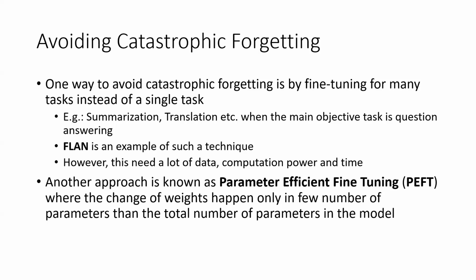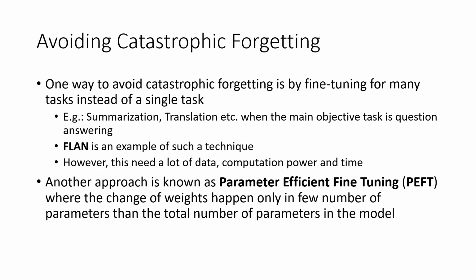That is why it is capable with general knowledge. In order to avoid specializing for a particular task and forgetting all the other information from the model, there is one way of fine tuning.